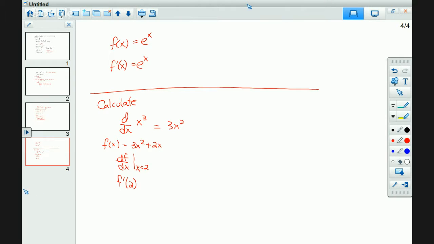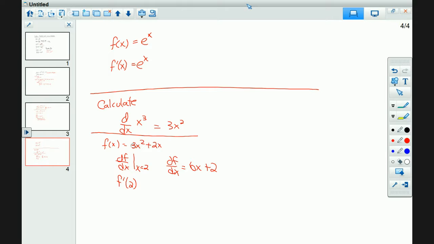What is the derivative of that function? It's a function. That's how they get the derivative.